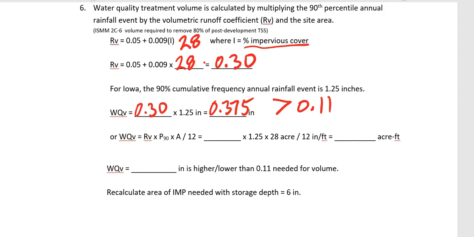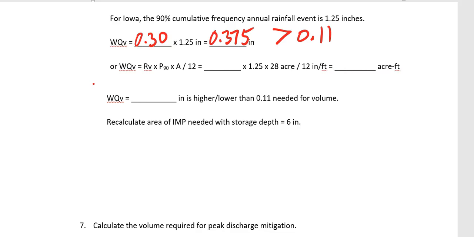So if we put all this together, the RV times the P90, which is 1.25, times the area over 12. To calculate the volume needed, we have the RV, the runoff coefficient of 0.30, times 1.25 inches, that's our P90, times 28 acres.